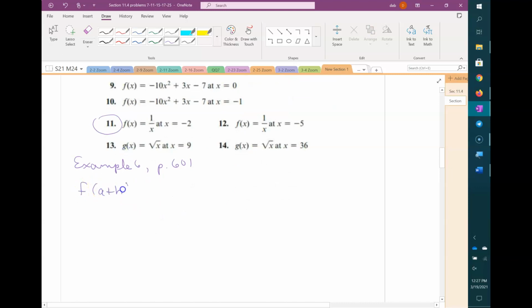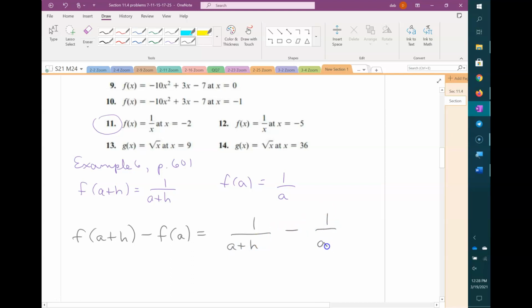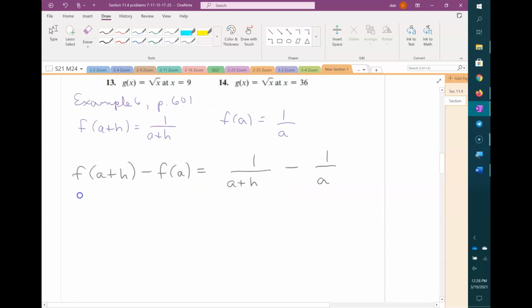f of a plus h is 1 over a plus h. And f of a is 1 over a. So then I find my difference, f of a plus h minus f of a. So 1 over a plus h minus 1 over a.